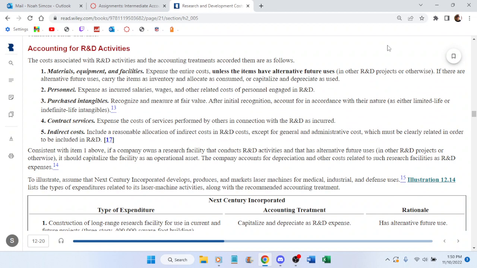Materials, equipment, and facilities: expense the entire costs unless the items have alternative future uses in other R&D projects or otherwise. If there are alternative future uses, carry the items as inventory and allocate as consumed, or capitalize and depreciate as used.